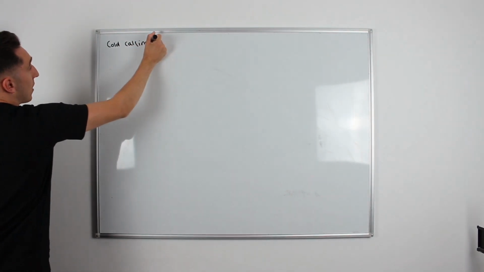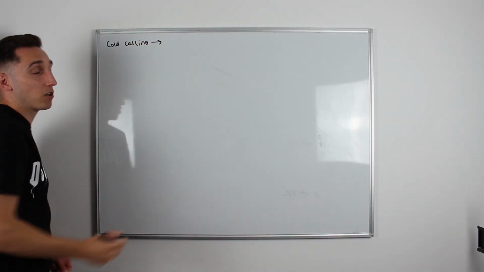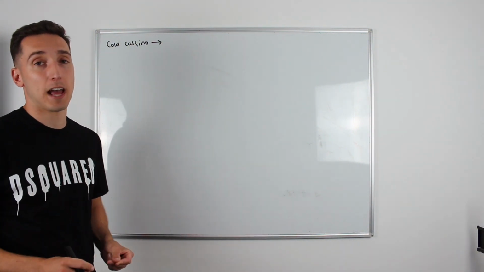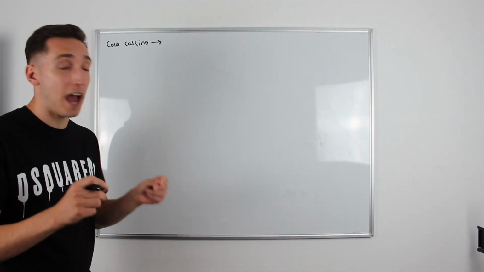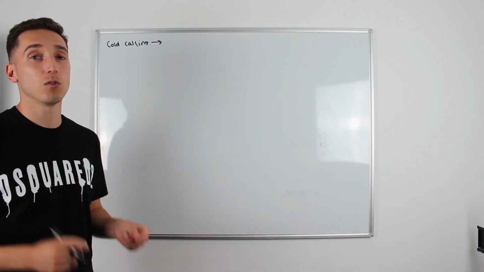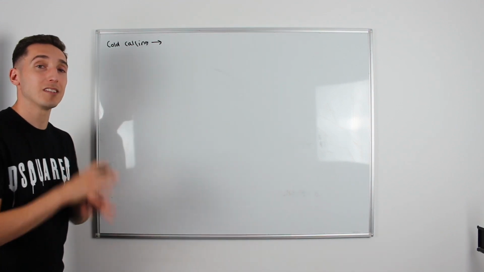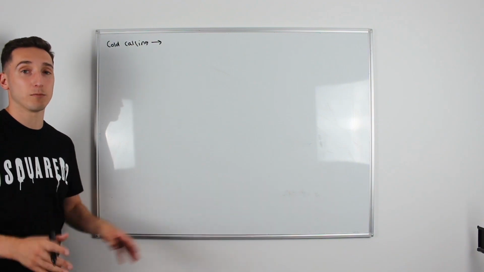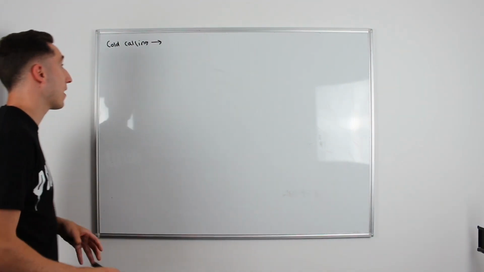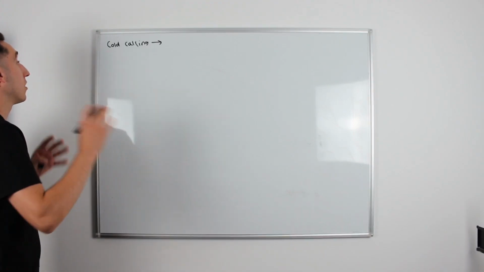Now, with cold calling, I will be doing more videos on how you can master cold calling. However, you need to understand that the most important aspect of outreach is being able to handle objections. Do not just call these businesses and be scared of handling objections because you will never get anyone over the line. But we're going to talk about that in a little bit more detail on the next video.